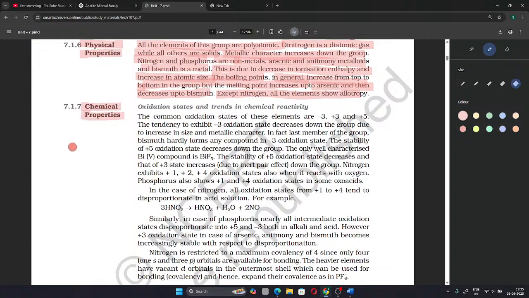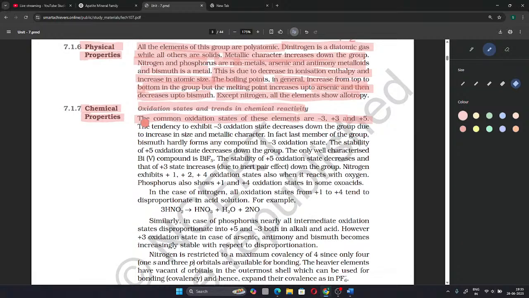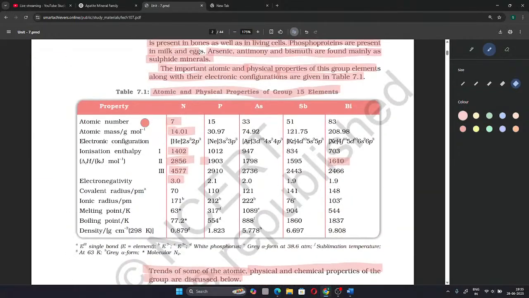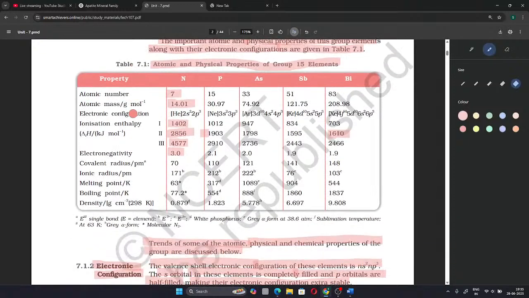Chemical properties, oxidation states and trends in chemical reactivity. Common oxidation states of these elements are -3, +3 and +5. This is because when we see the valence configuration, it is np3, so the 3 electrons can be donated.